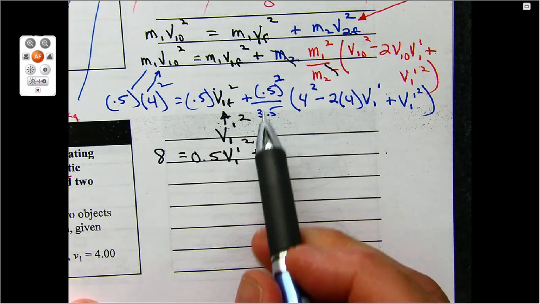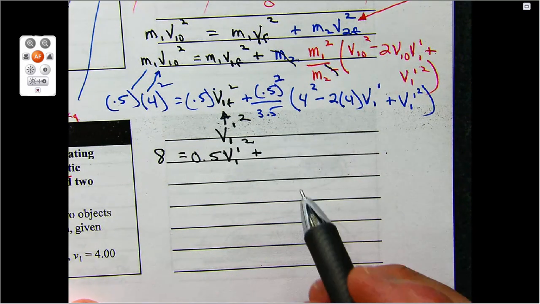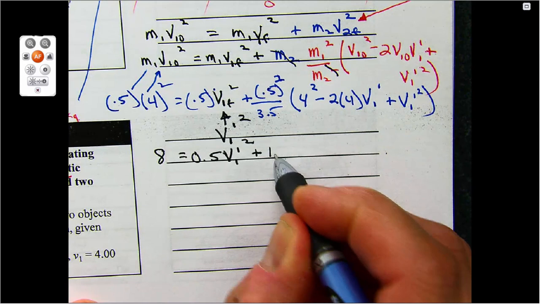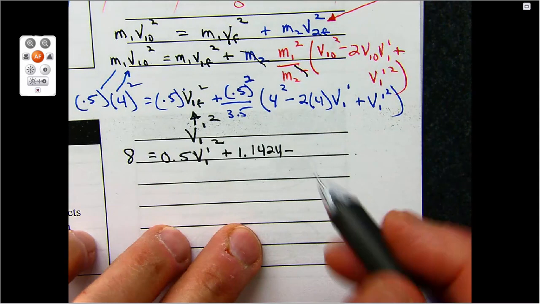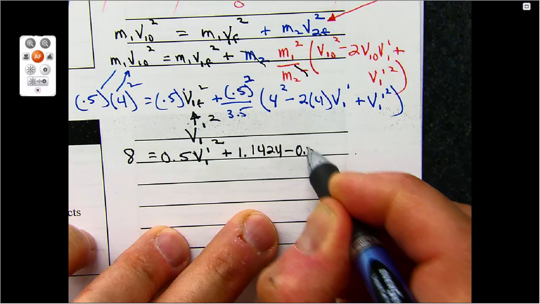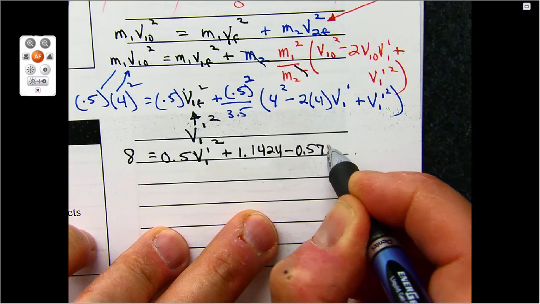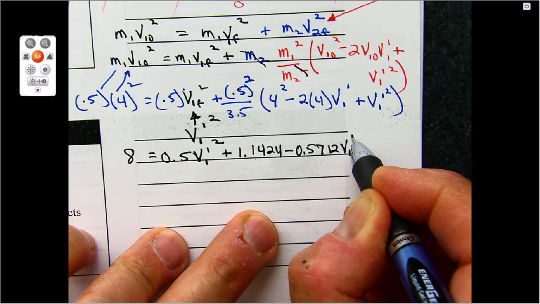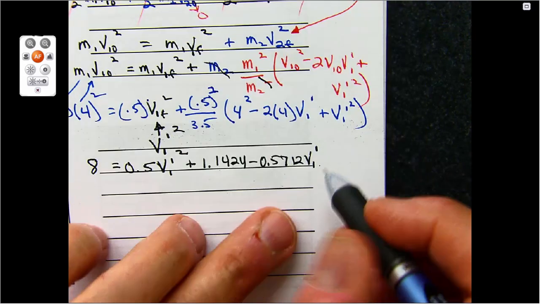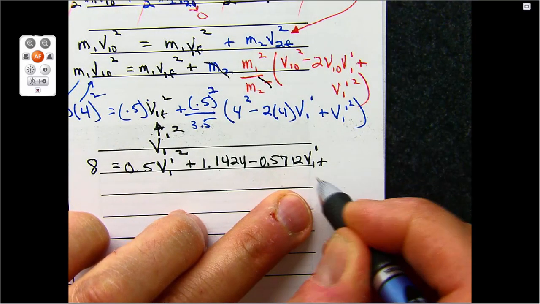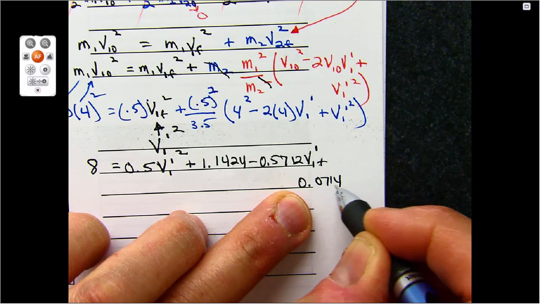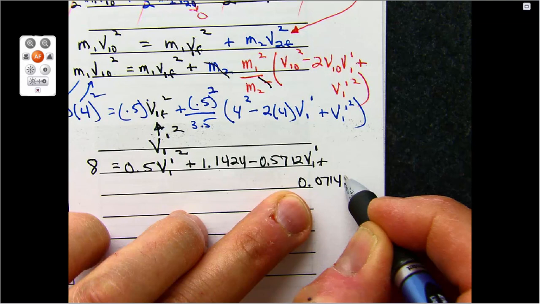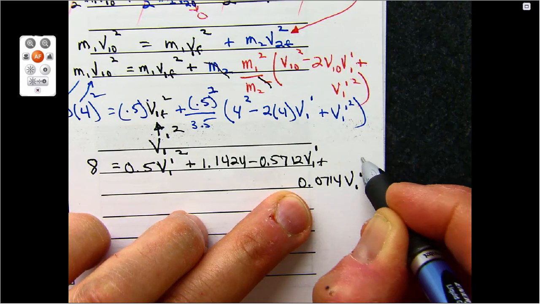Plus, we distribute this through. This is going to be 1.1424 minus 0.5712 V1 prime plus 0.0714 V1 prime squared.